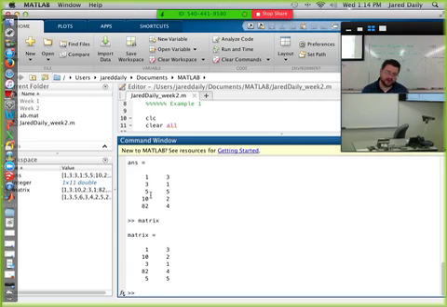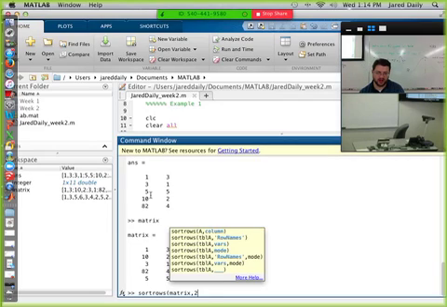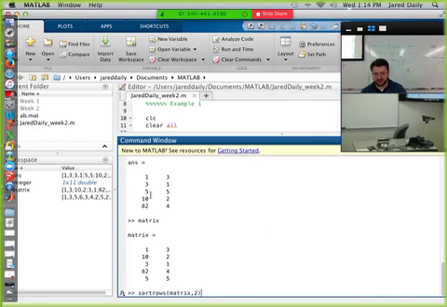And then you can do it based on the second column as well. So if I sortrows of matrix, I can actually choose the second column to sort by. I just put in a 2 there, and it's now sorting by the second column.